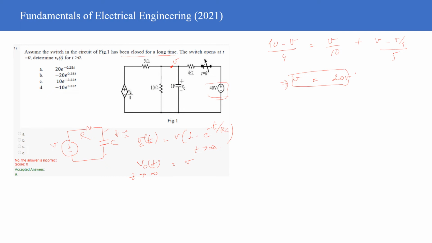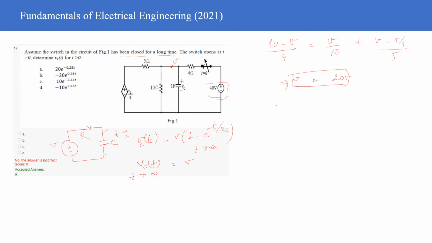Now, if that is the case, and if you are opening the switch now, then the initial charge of the capacitor will correspond to the voltage of 20 volts, right? So initially the capacitor will have a voltage of 20 volts, and then it will slowly discharge towards some other steady state voltage, right?